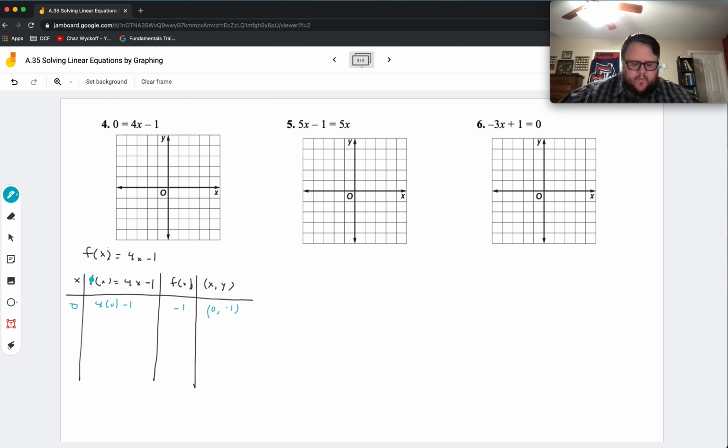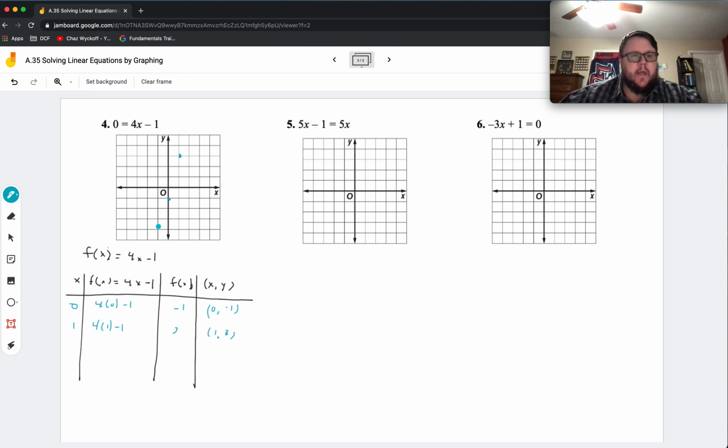And then remember, I only need 2 points. I only need 2 points for it to be a line. So let's just go with 1. 4 times 1 minus 1. 4 minus 1 is 3. So my point is 1, comma 3. So I'm going to go ahead and plot those points. 0, negative 1. 1, comma 3. 1, 2, 3.